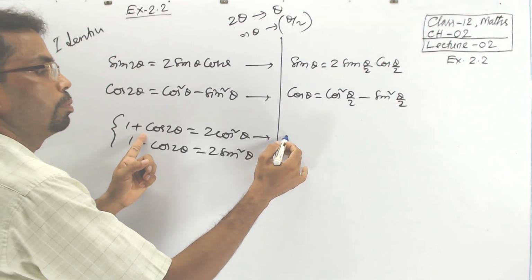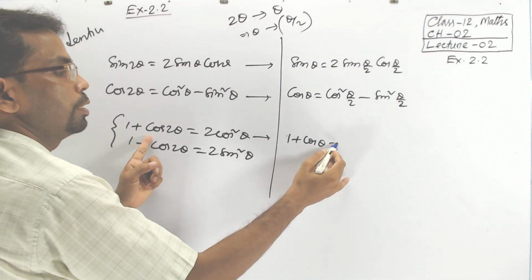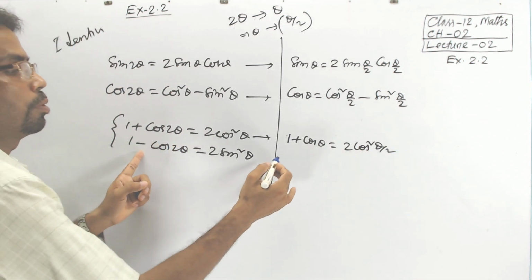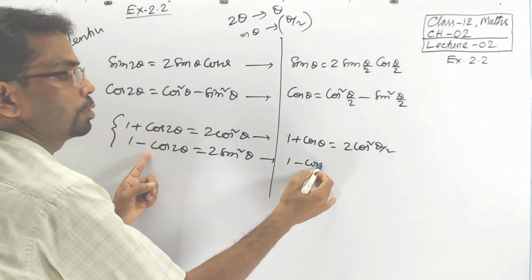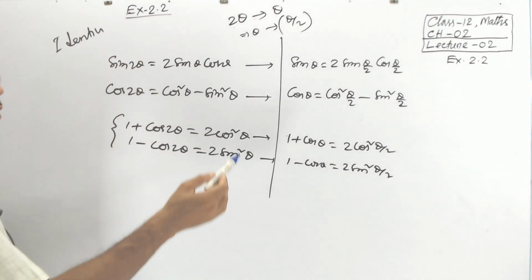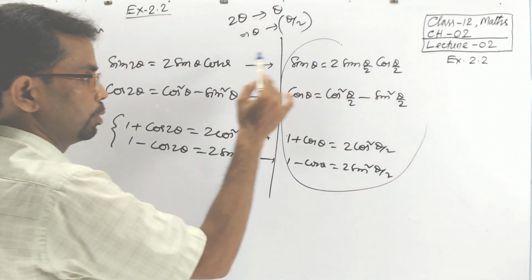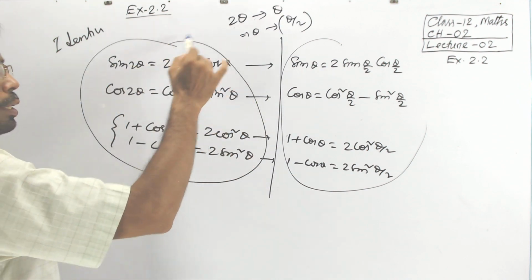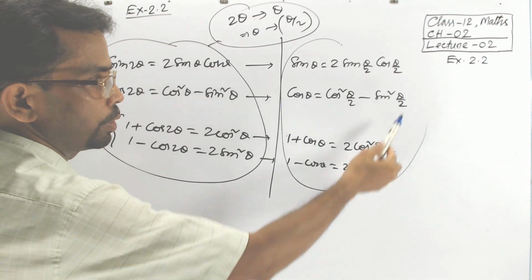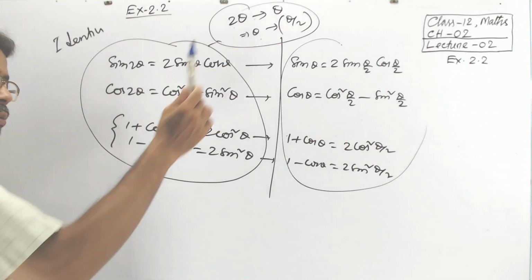Then 1 plus cos theta is equal to 2 cos square theta by 2. And 1 minus cos theta is equal to 2 sin square theta by 2. Now don't memorize the right side, memorize only the left side, and see this technique of making a new set of identities by this substitution.